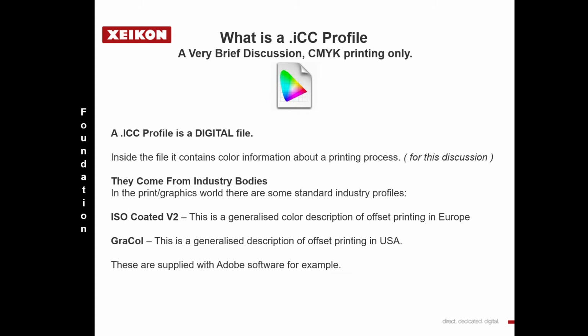And GRACoL, again, this is a generalized description of offset printing in the USA. And these are supplied with Adobe software, for example, Photoshop, Illustrator, and of course, the X800 system. However, you can make your own profiles, and you need to be able to do that if you want to do color management.